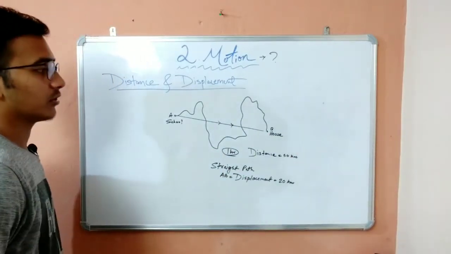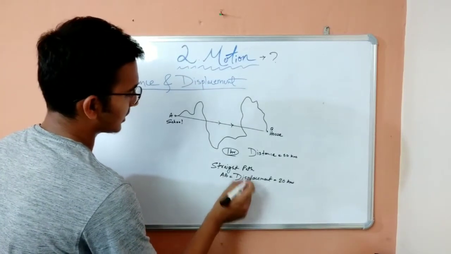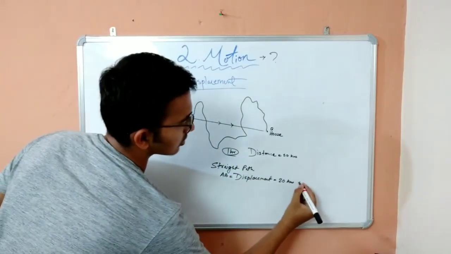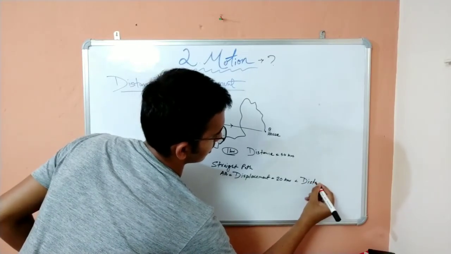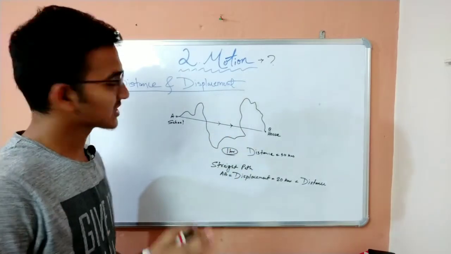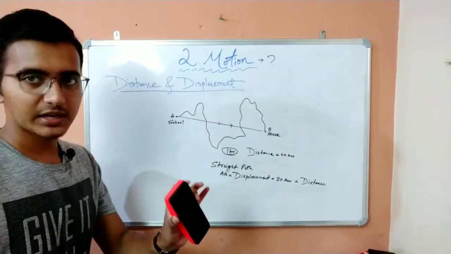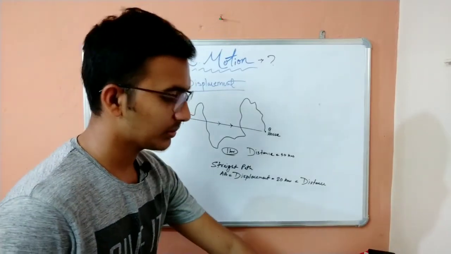Now, one thing to be clear over here is displacement is also the distance. So if you are traveling in a straight path, that straight path is the displacement, but along with the displacement, it is also the distance. You need to keep that in mind.